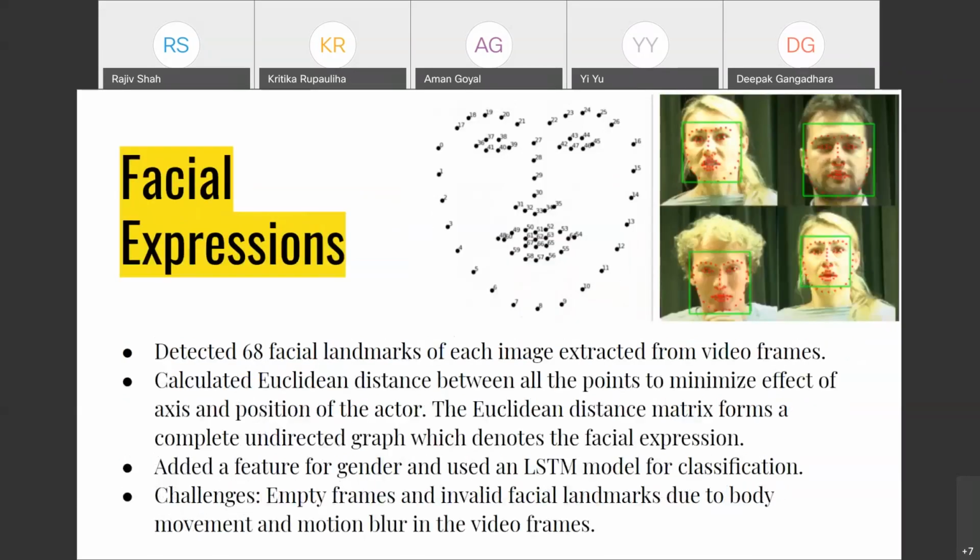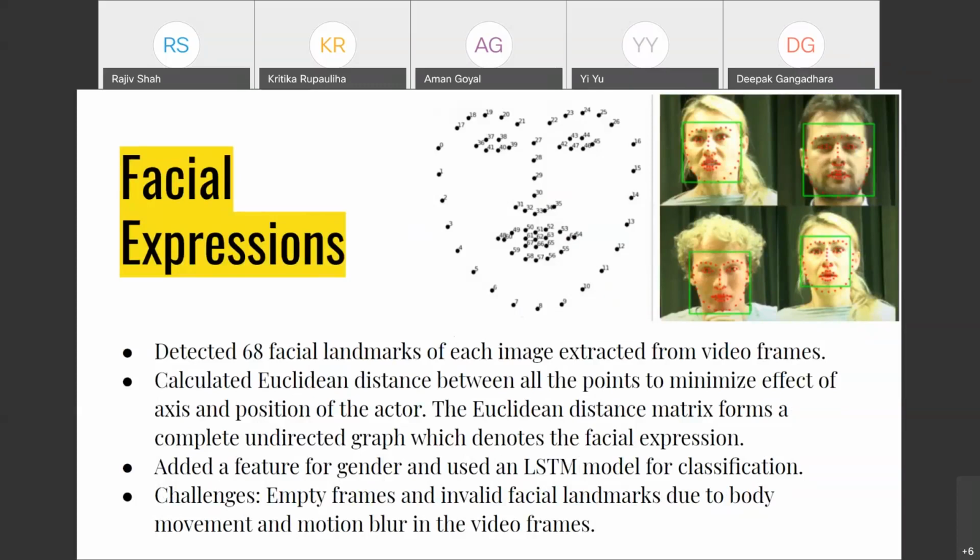Now, talking about the facial expression. So for facial expression, we firstly extracted the videos into frames. Then for each frame, we detected the 68 facial landmarks that are present in our face. Now, the positions of the actors with respect to the camera were changing continuously.